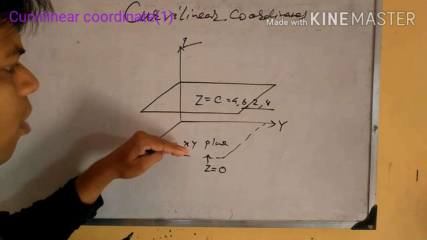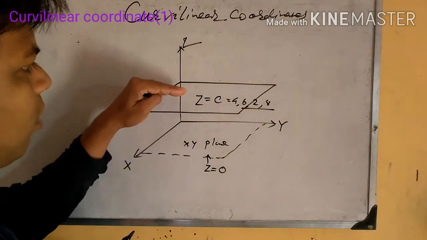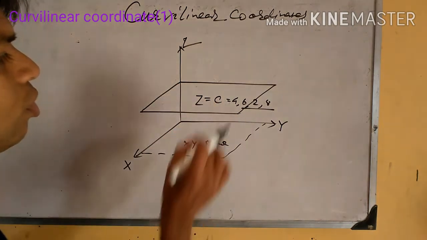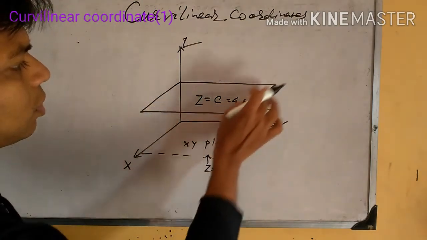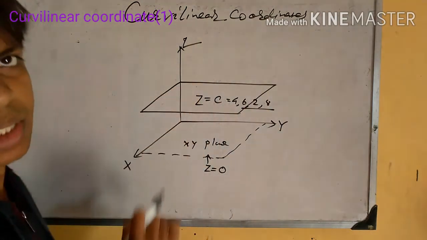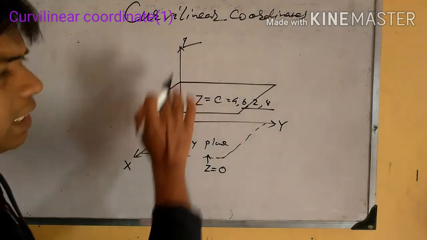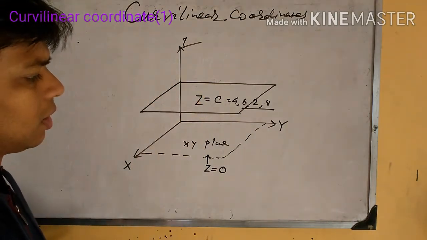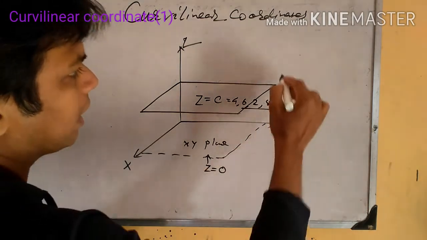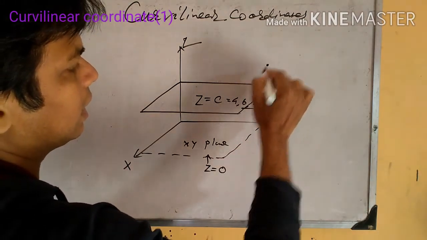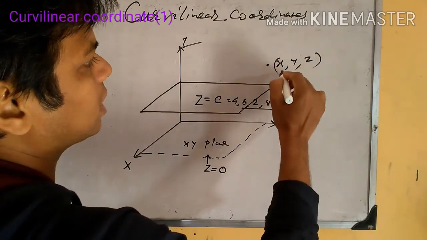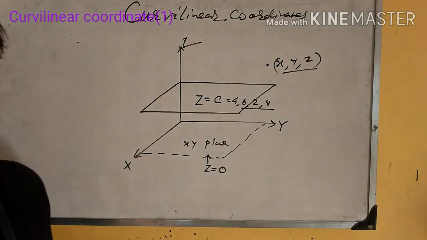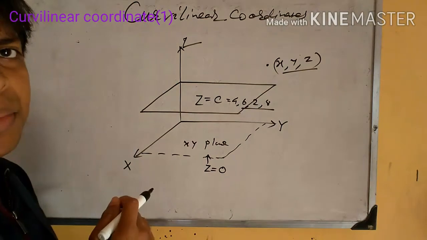How much we proceed along the z axis, we get z equals to that number according to the displacement along the z axis. Any point in this coordinate system is written as x, y, z. This is the Cartesian system representation.